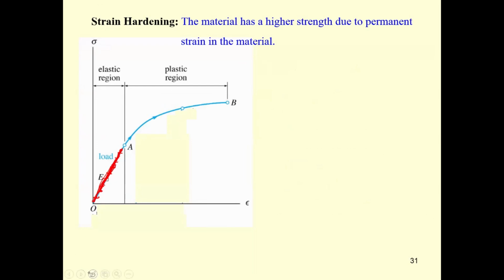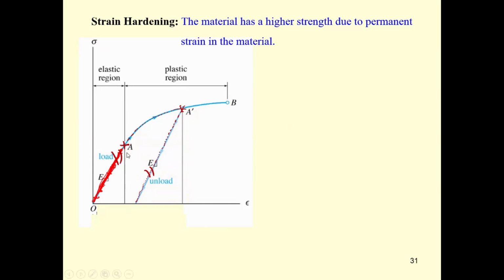Then if you load it past this point A to the plastic region over here, then you release the force, the behavior of the material will return this way, the same way as the linear elastic portion.